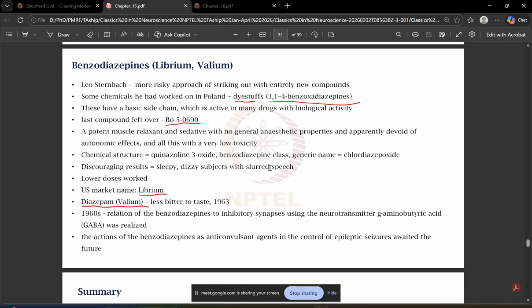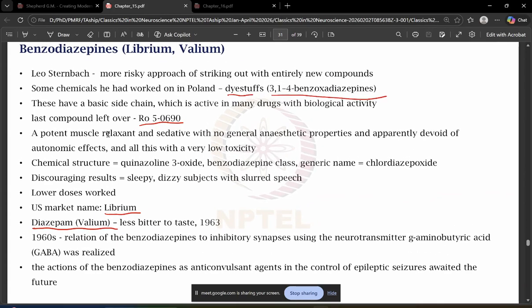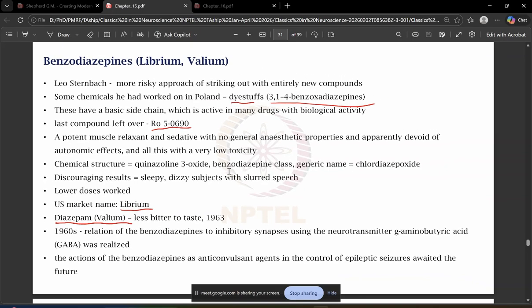So he submitted this to his company's department that carries out these tests, and he requested them to check this compound. And it was observed serendipitously that this compound is an extremely potent muscle relaxant and a sedative, but it has no anesthetic properties, and it also has very low toxicity.